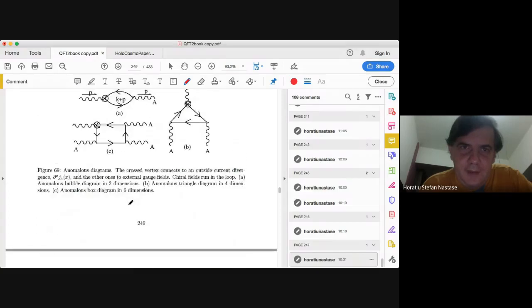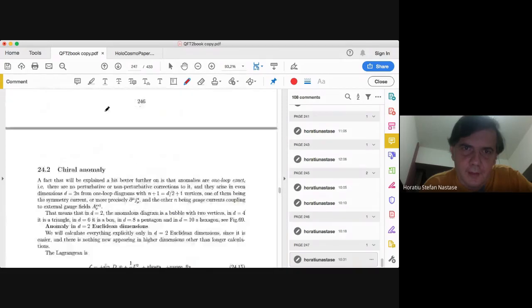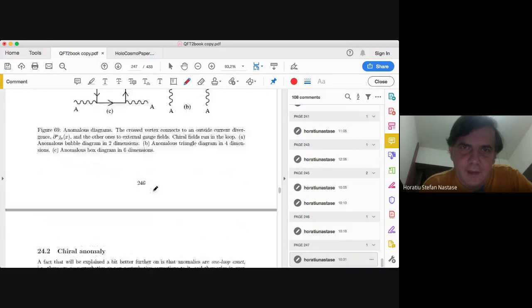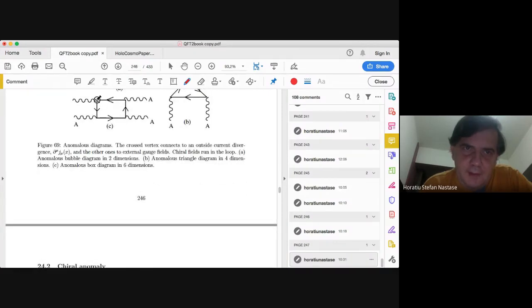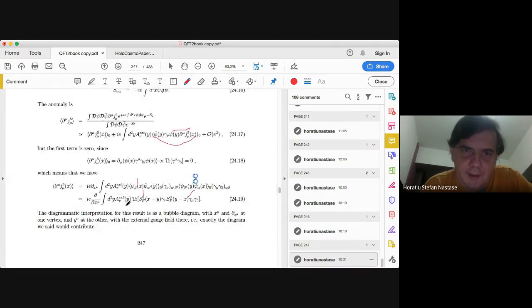So now the interpretation is that here I have ∂_μ of j_μ^5, the current, and on the other side I have the external gauge field at y.